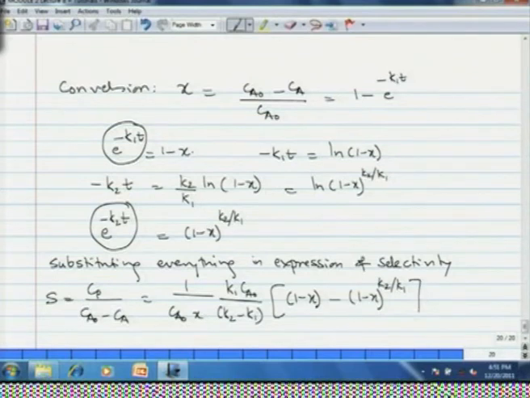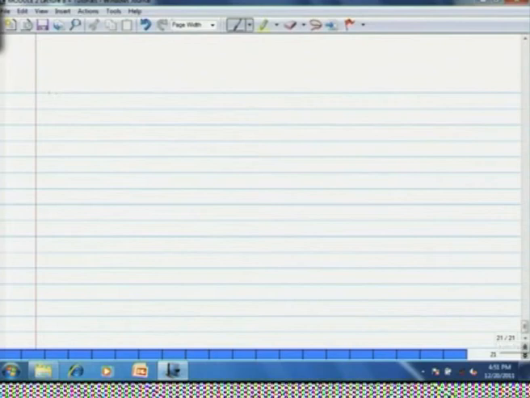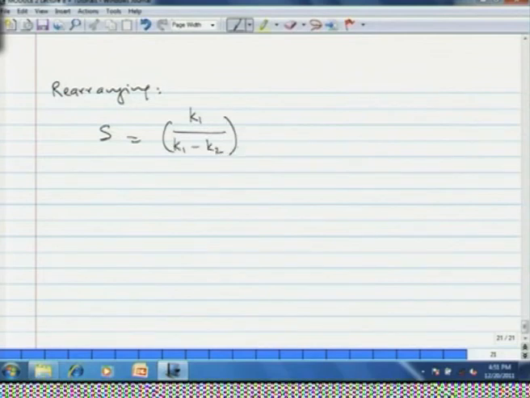So, rearranging, we have the final expression for selectivity S as k1 divided by k1 minus k2, divided by x, into 1 minus x minus 1 minus x raised to k2 by k1.